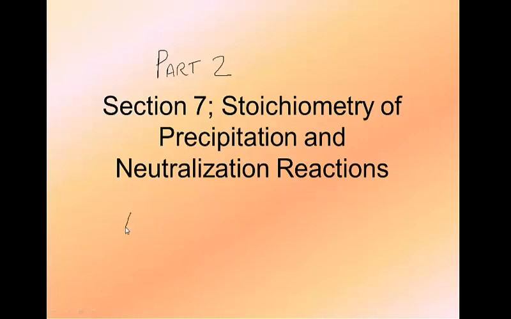Please remember that molarity is either moles of solute over liters of solution or millimoles of solute over milliliters of solution. The first 3 examples I did it in plain old moles per liter. The next couple of examples I'm going to do it in millimoles per milliliter.